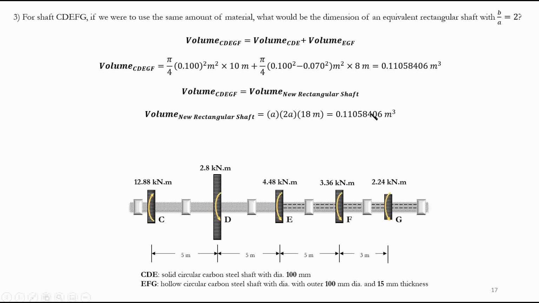We can divide this value by 2 and take the square root to find A. And of course, remember, what units are we using here? We're using meters. So the value we end up with is 55.4 millimeters for A. And of course, B is going to be 2 times that value, 2 times 55.4.